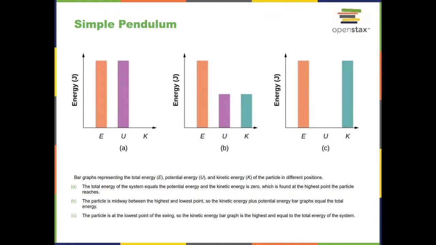The way we displayed that visually is that at these different times, this is the starting point, this is halfway between the starting point and the lowest point, and at the lowest point there's a total mechanical energy that consists of potential energy U and kinetic energy K. We start at rest, so the kinetic energy is 0 here. Halfway between the release point and the lowest point, the kinetic energy and the potential energy will be approximately equal.